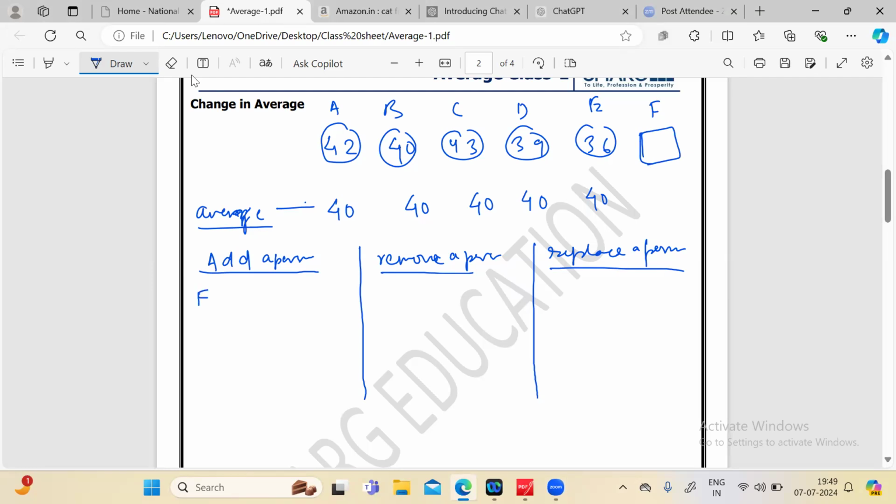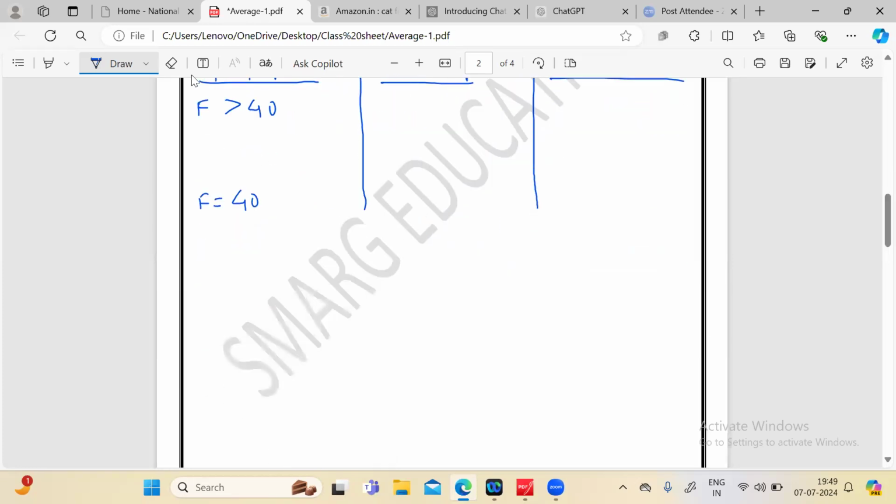The age of F is greater than 40, the age of F is equal to 40, and the age of F is less than 40.